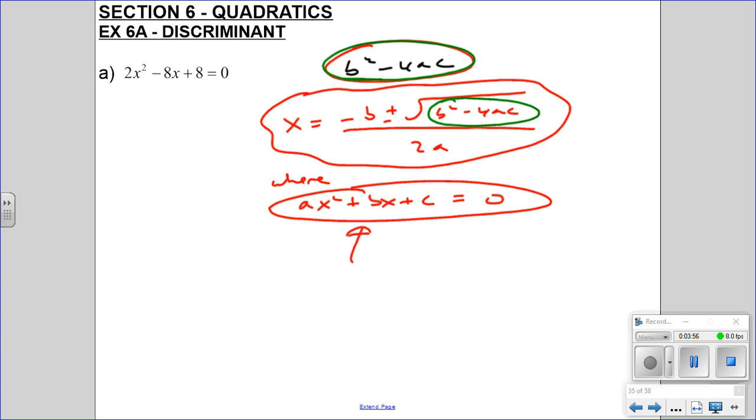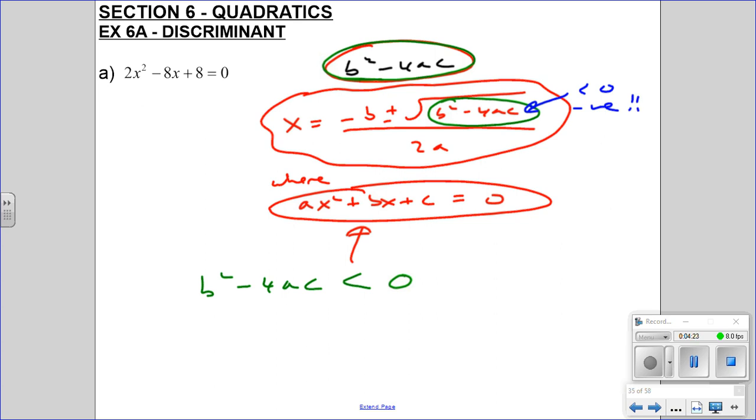And this tells us why it matters if the discriminant equals 0, or it's less than 0, or it's more than 0, and what that means. So let's look first at if the discriminant is less than 0. If b squared minus 4ac is less than 0, then this part inside would be less than 0, so you'd be square rooting a negative number, which, as you know, you can't do with real numbers.